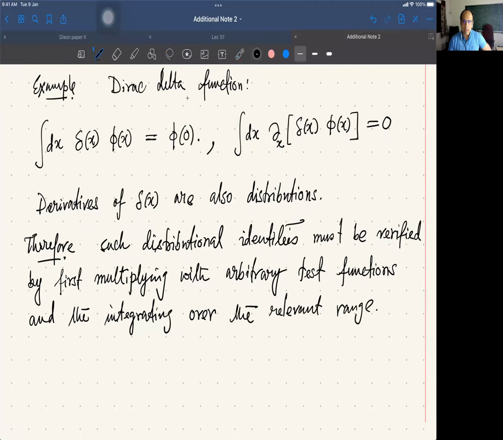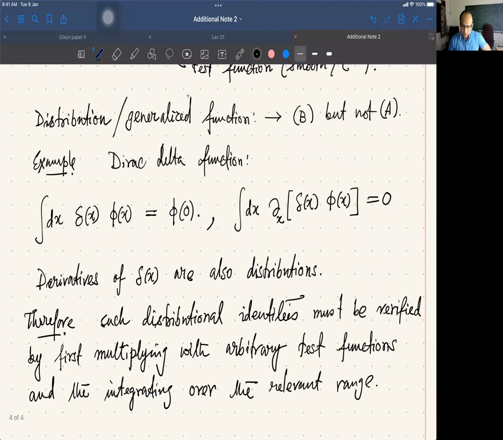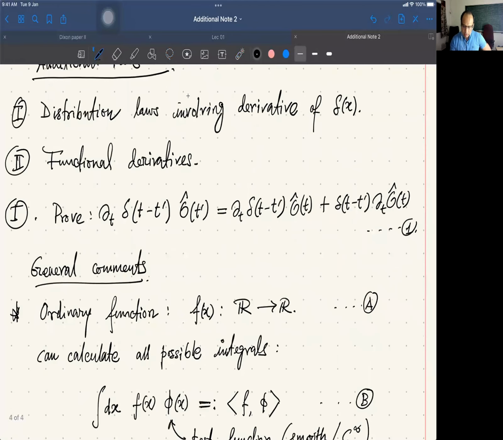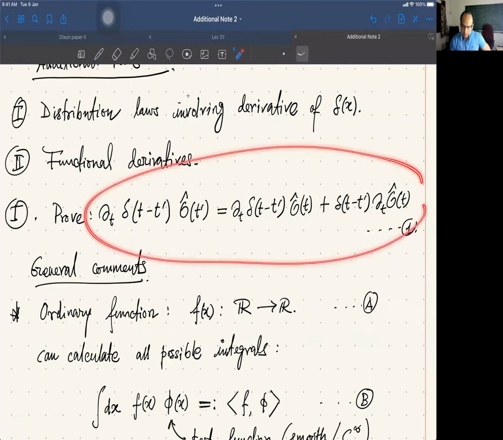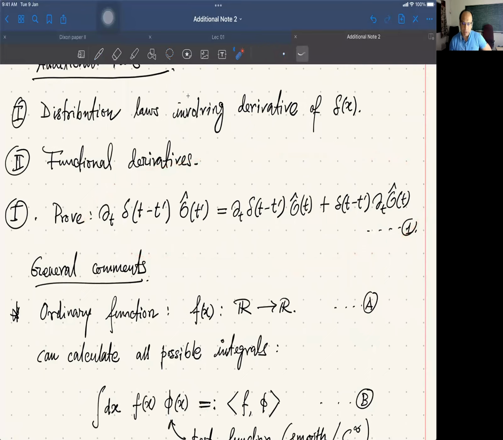So that is how we should look at this identity. We should multiply both sides by an arbitrary test function and then integrate.